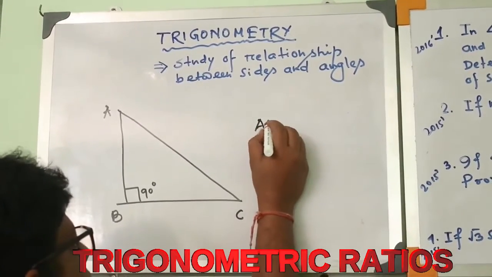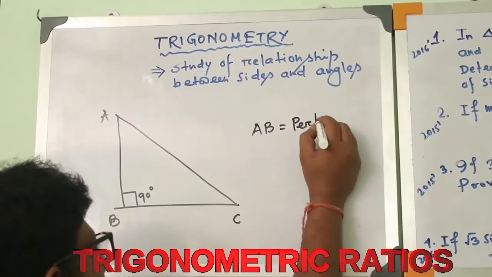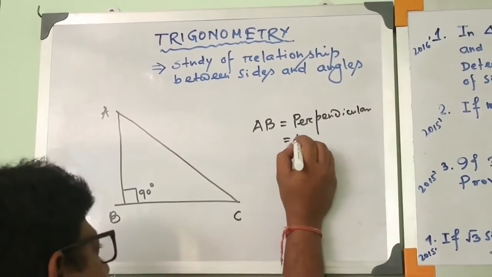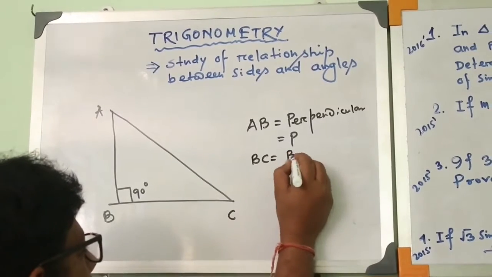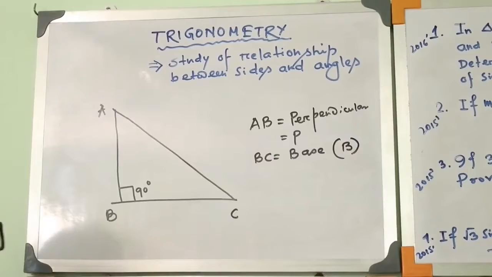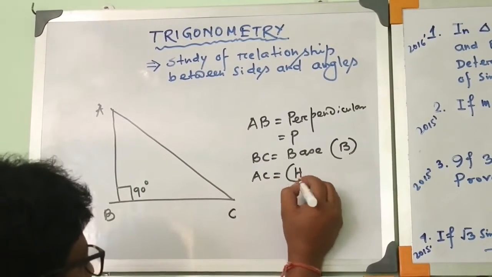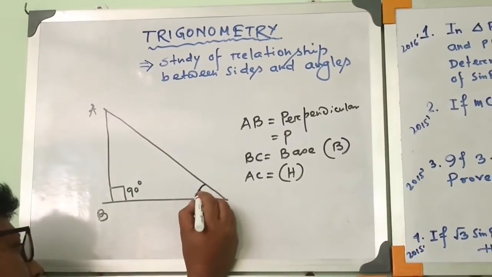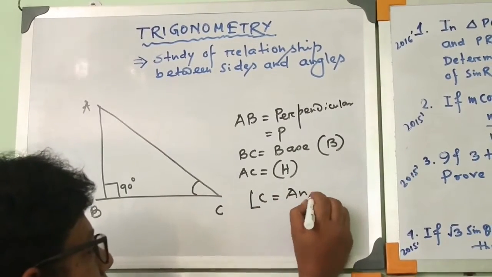AB is perpendicular, we can say P. BC is the base, we can say capital B, and AC is the hypotenuse, we can say H. So see, this is the angle. This angle is called the angle of reference.